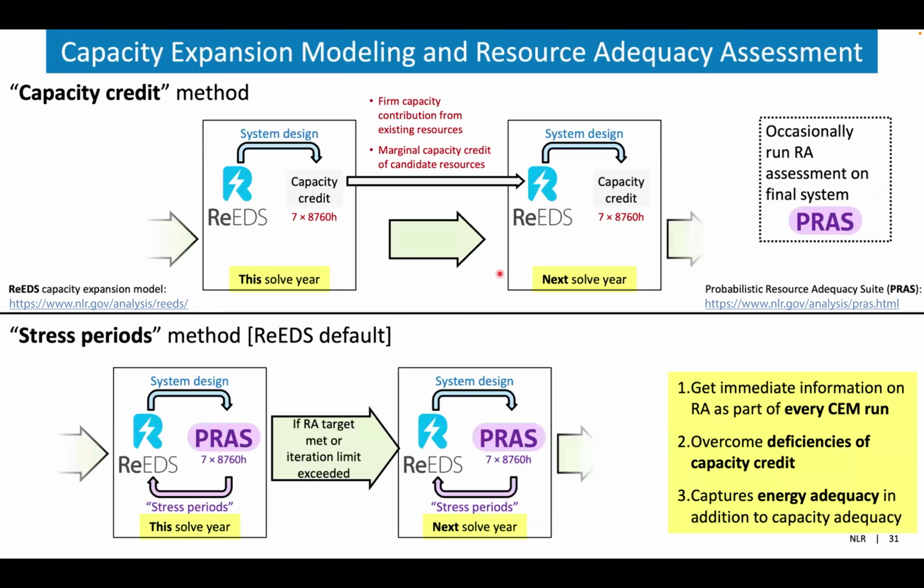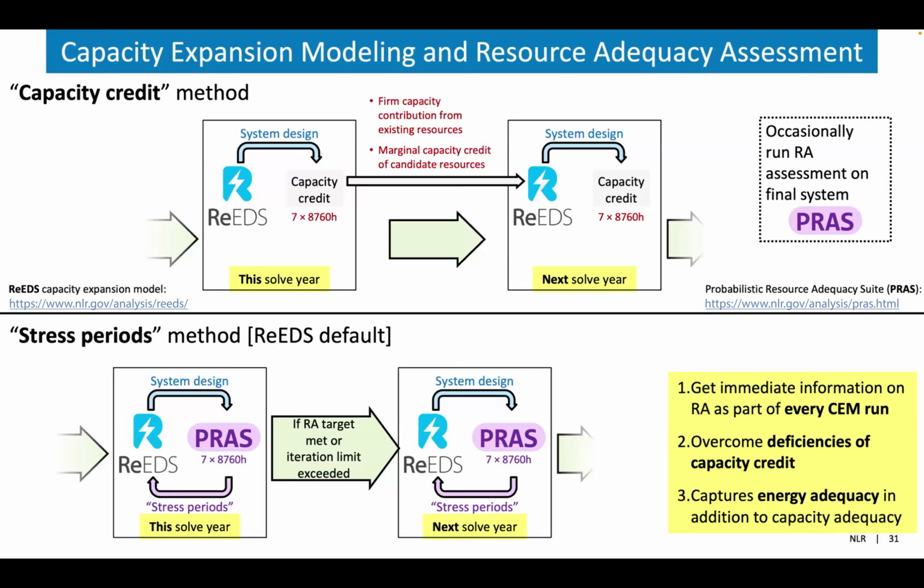Okay, so since ReEDS by default uses representative periods to solve its optimization, it doesn't capture all actual time periods of the system's operation, and thus may not be sufficient in assessing that system's resource adequacy, or the system's ability to meet load plus planning reserve requirements. So to assess resource adequacy, a ReEDS run will employ one of two methodologies.